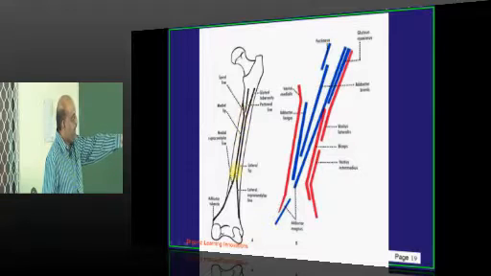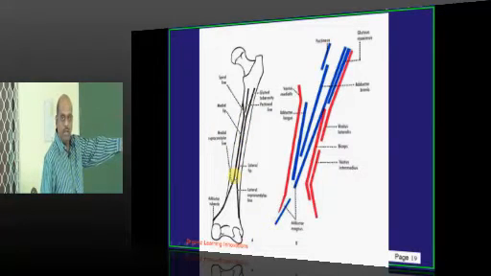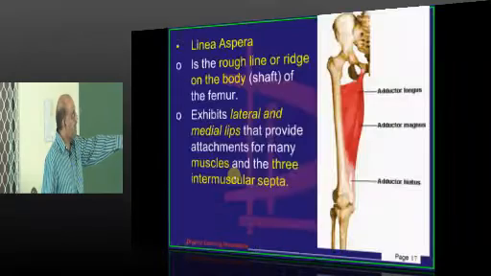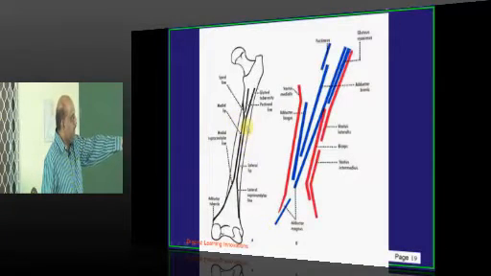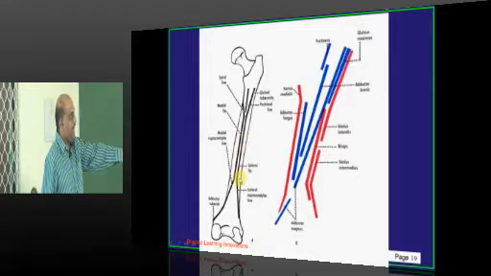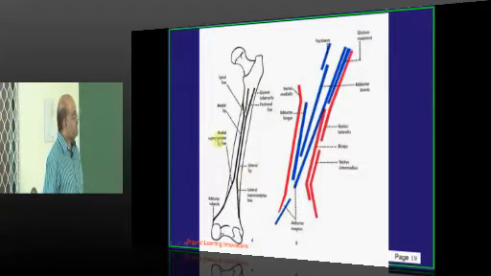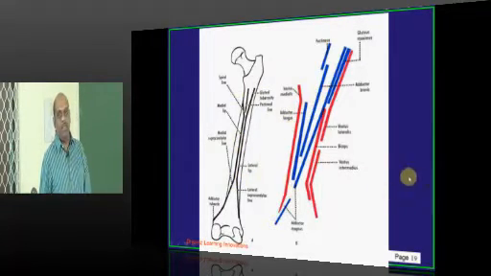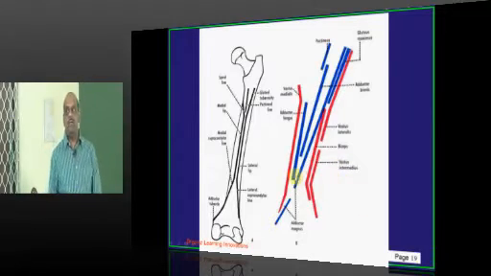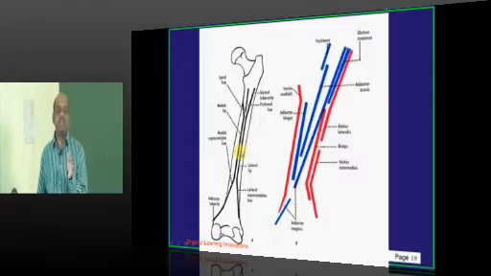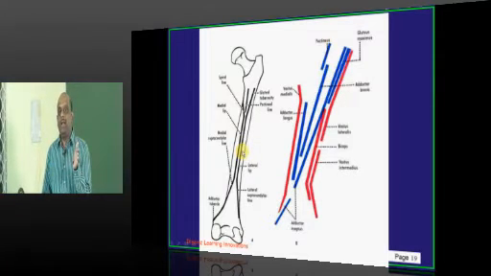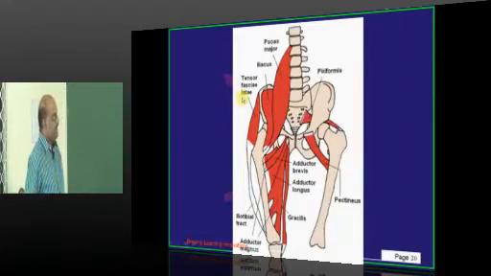Then we have the medial lip of the linea aspera, and the lateral lip of the linea aspera. So these are the typical structures which should not be forgotten when it comes to the anatomy. Now who attaches to each of these areas of the linea aspera? Let us look into it.